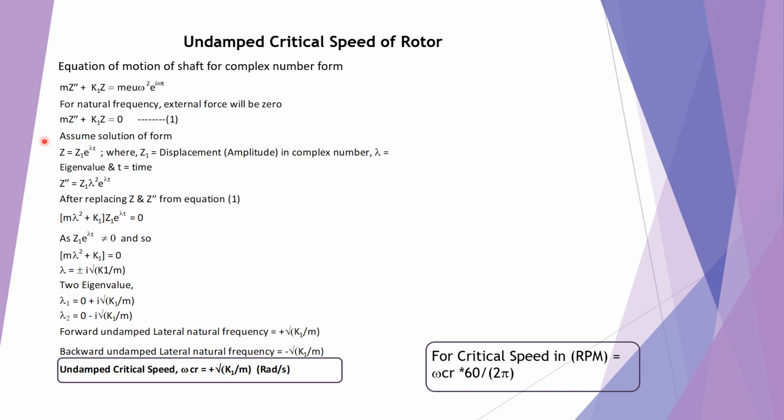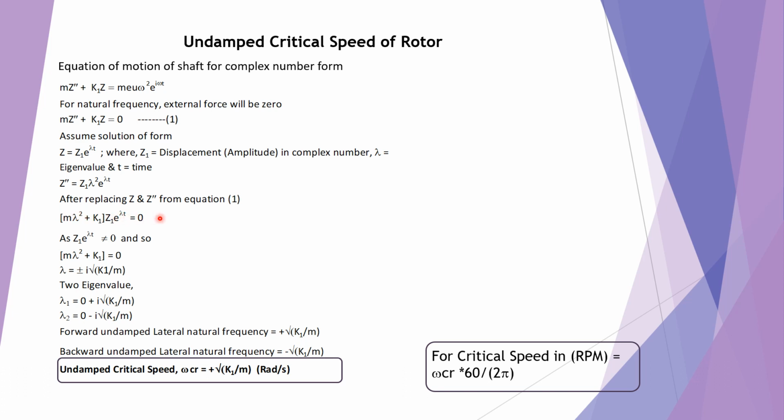This is equation 1. Assume the solution of the form z is equal to z1 into e to the power lambda t, where z1 is a displacement or amplitude in complex number, lambda is eigenvalue, and t is time. So z double differentiation is equal to z1 into lambda square into e to the power lambda t.